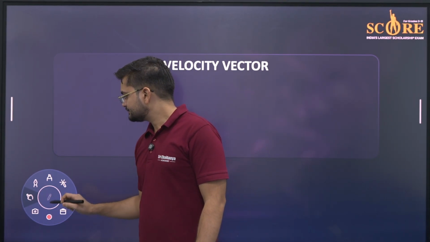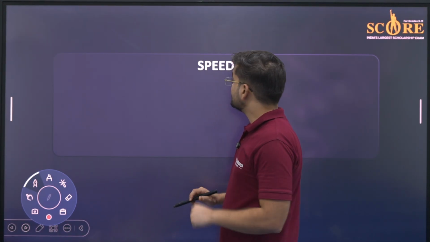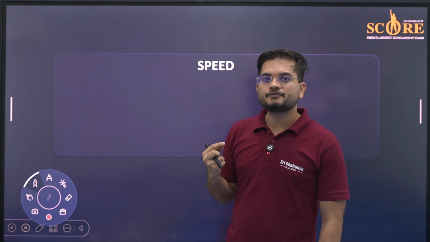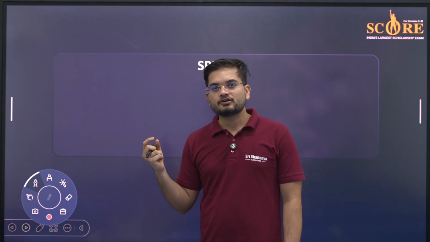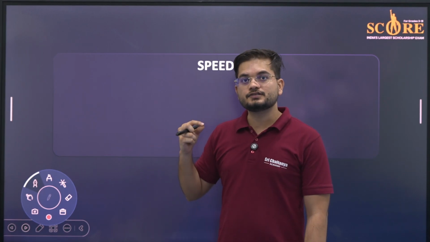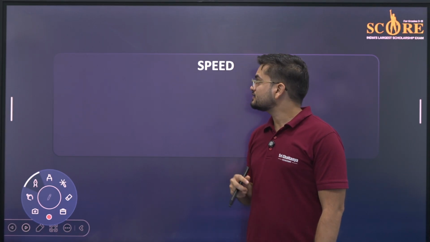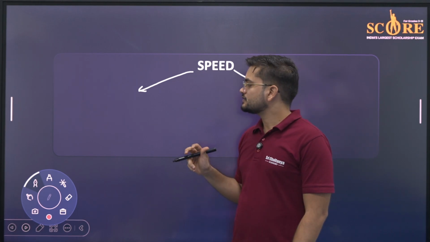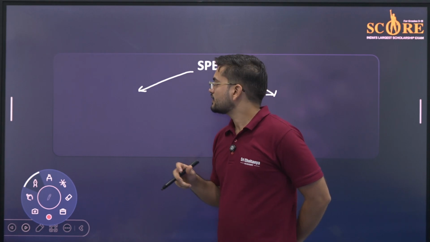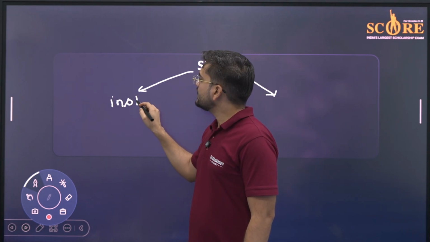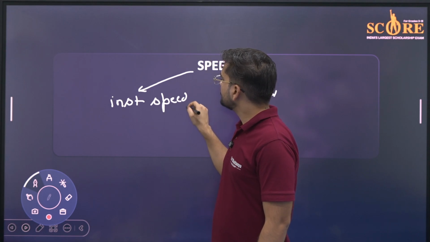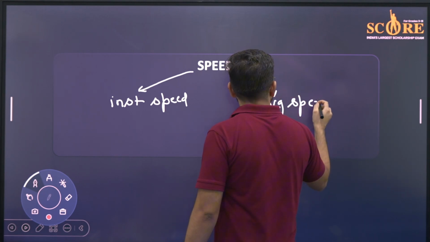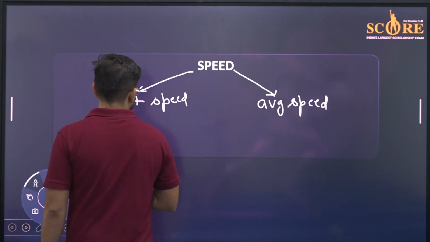And the next parameter is speed. Speed is the rate of change of distance traveled. Rate of change of distance traveled by the particle is known as speed. Just like velocity, speed is also categorized into two parts: instantaneous speed and average speed.